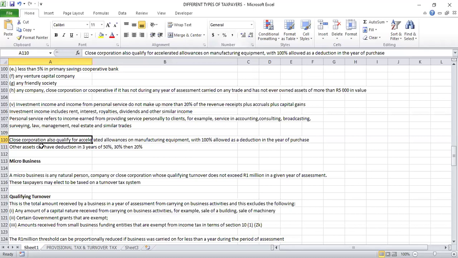We'll do this at a later stage, I think after our next class, when we do the determination of the tax gross income and stuff like that. Any questions on small business corporation?